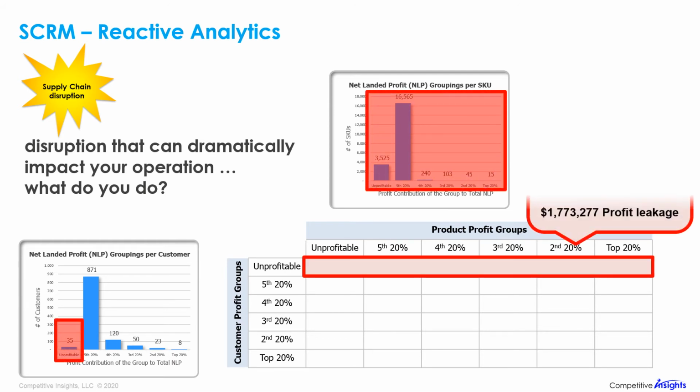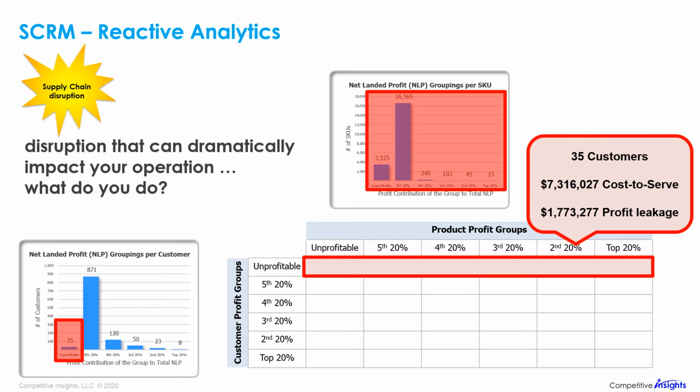This is a different customer base, but those 35 customers are costing you a little over $7 million, and you're losing just under $2 million on them. So if you have limited resources, say there's a product shortage or there's some capacity issue associated with your operation due to the disruption, clearly this is one immediate area to look at to be able to minimize financial impact.